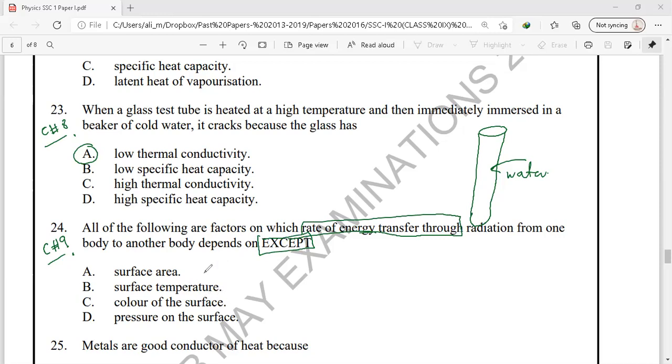The rate of energy transfer is directly proportional to the surface area and to the surface temperature, and it depends on the color of the surface. Dark or dull surfaces emit more radiation than shiny white surfaces. The incorrect factor is pressure on the surface, so this is not a factor of the rate of energy transfer. So the correct option for this question is option D.